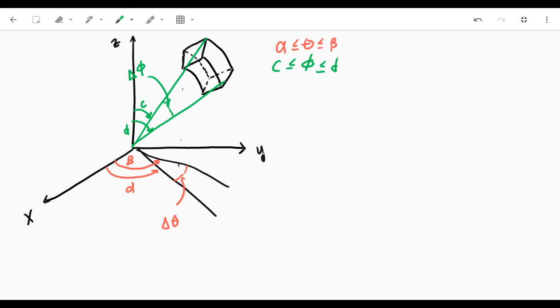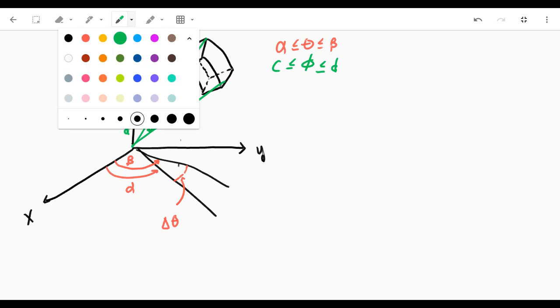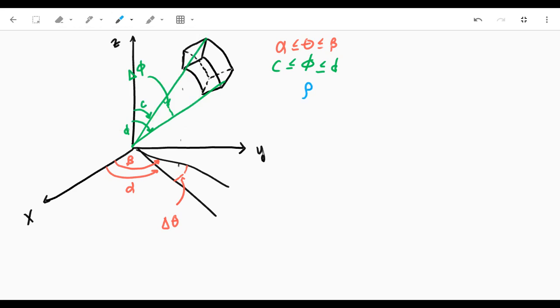And then finally, we're going to have rho between A and B. So rho would be the distance of A, and then this is the distance of B, measured from the origin.